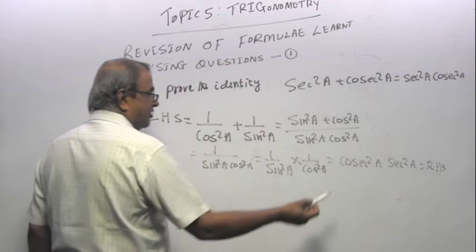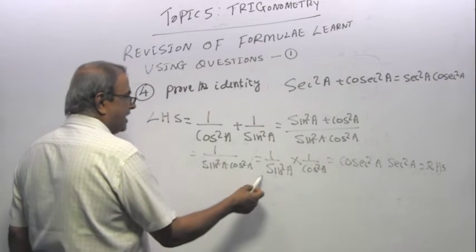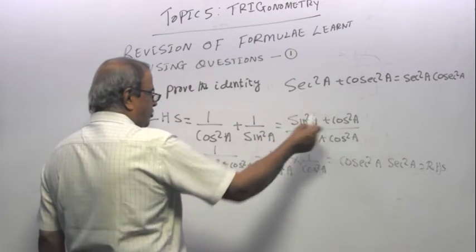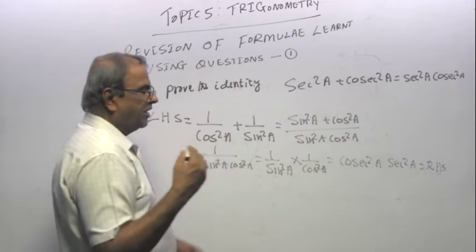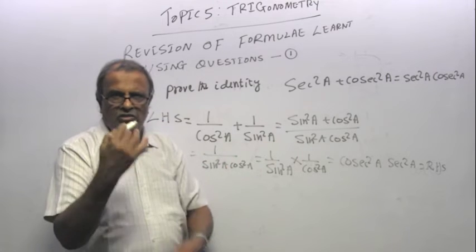Or if you start with the right hand side, write 1 as sine squared plus cos squared, divide each term, and you get the left hand side. You can do it this way or that way.